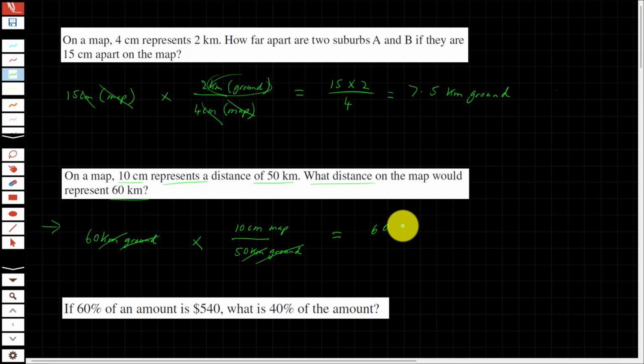So we're left with the map units in centimeters, multiply and divide there that fraction, and we'll get the answer. So 12 centimeters is 60 kilometers on the ground.